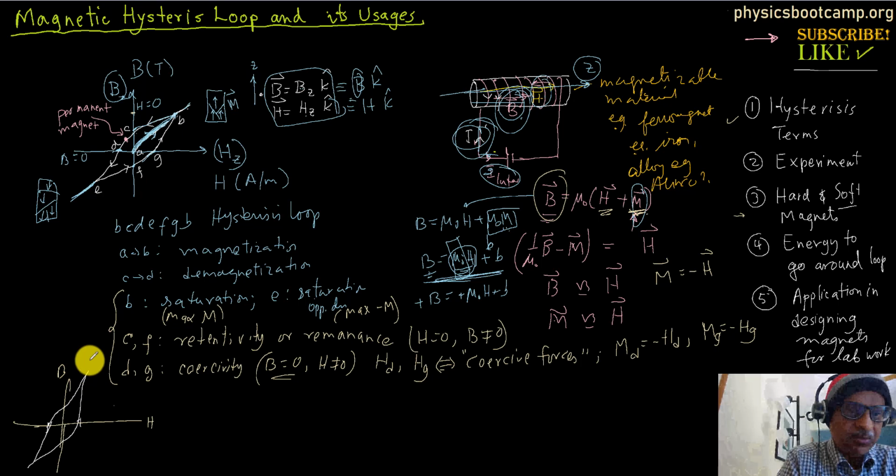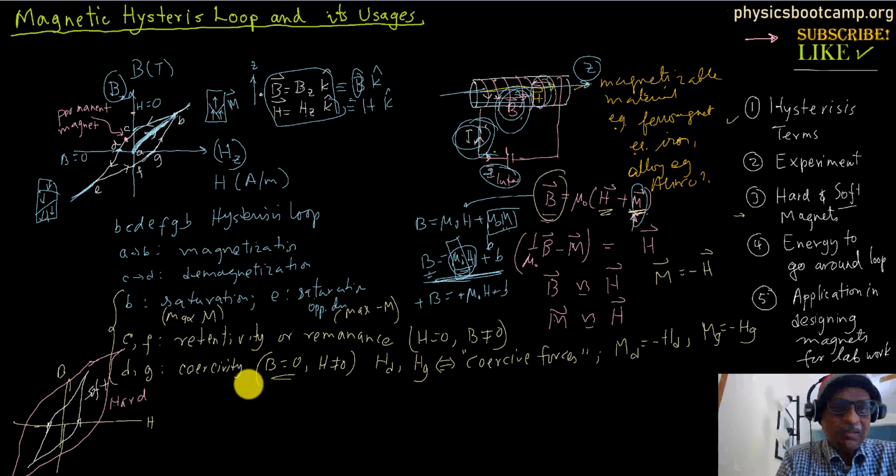For the hard one, this is the hard magnet, and this is soft. So you can say that maybe both can have very high saturation. So if you look at hard and soft, what are the differences? Both are high saturation.